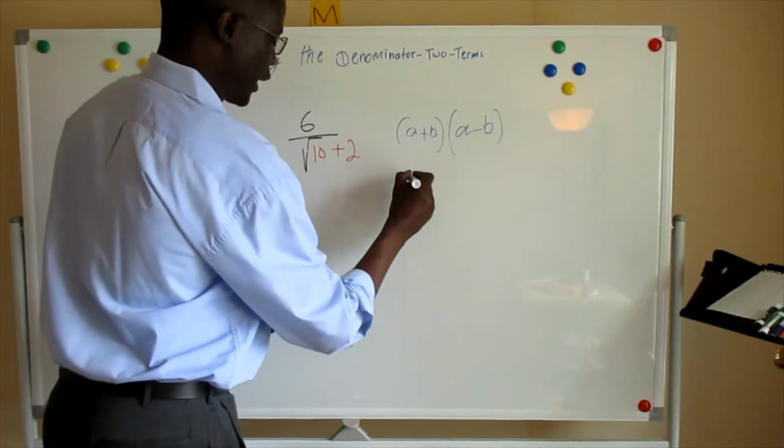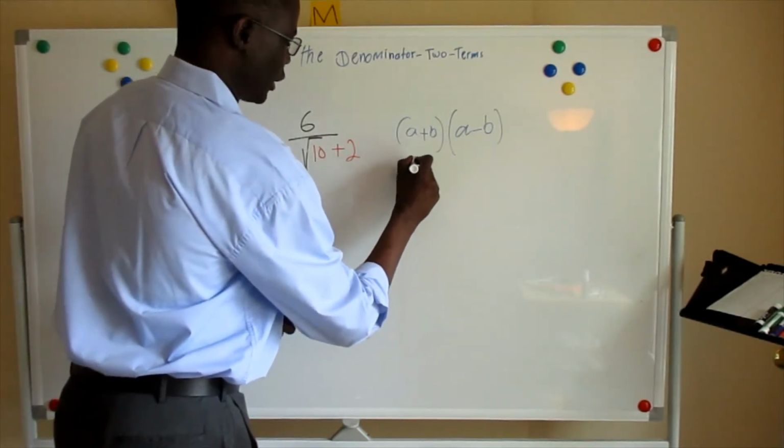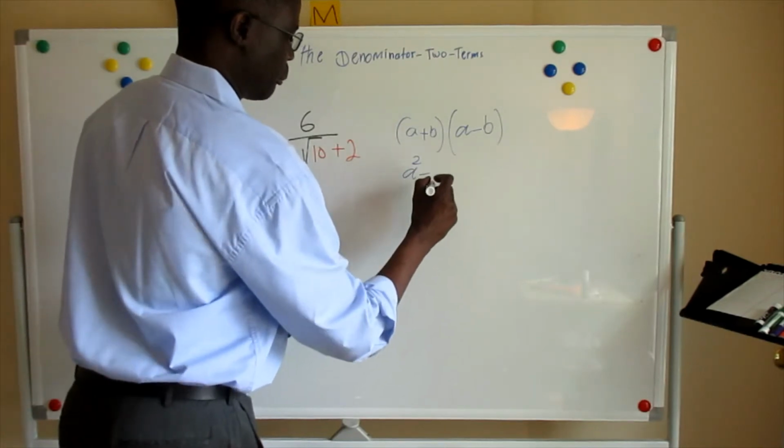You're going to get A squared minus B squared.